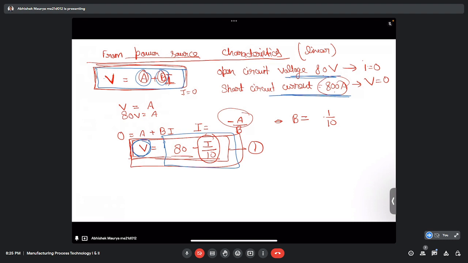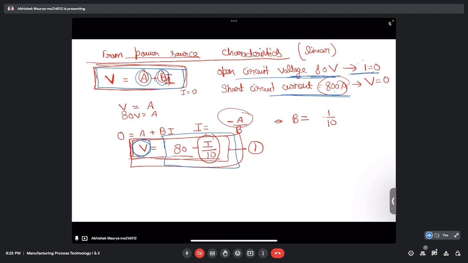If we put 80 volts, at that point the current will become zero, because that is the open circuit voltage. Open circuit voltage means no current is flowing in the circuit.